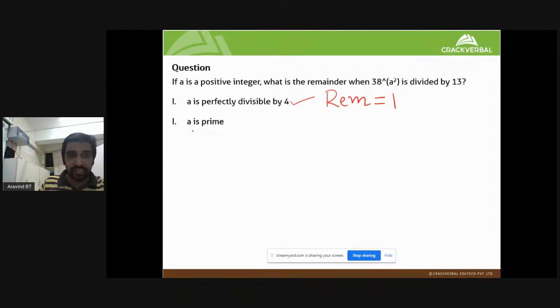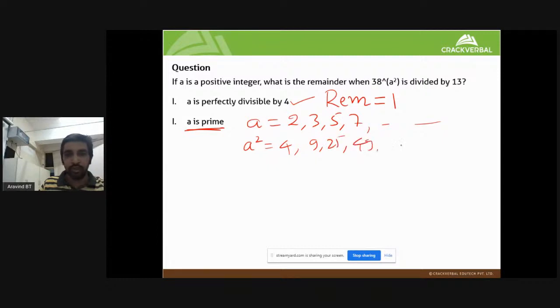The problem with the second statement, people, is A's prime means A can be 2, 3, 5, 7, and so on. If A is 2, A square is 4. But if A is 3, 5, 7, A square is 9, 25, 49, and so on. Which means A square can be even or odd.